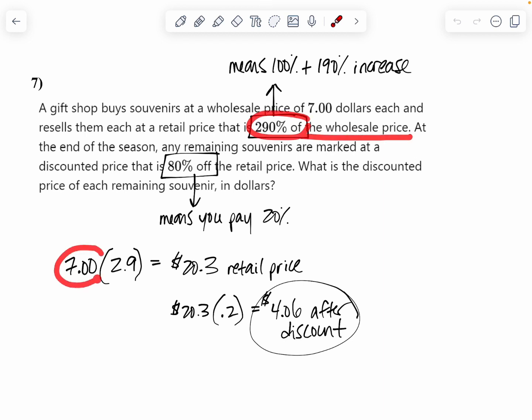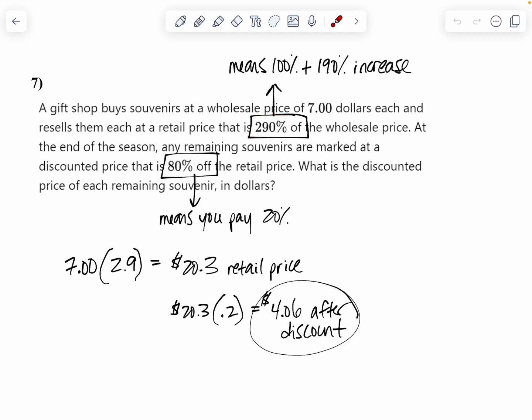I'm taking $7 and multiplying it by 2.9, because this is just a basic question: what is 290% of $7? Of means multiply. So it's not a 290% increase. It is taking the $7 and multiplying by 290%.